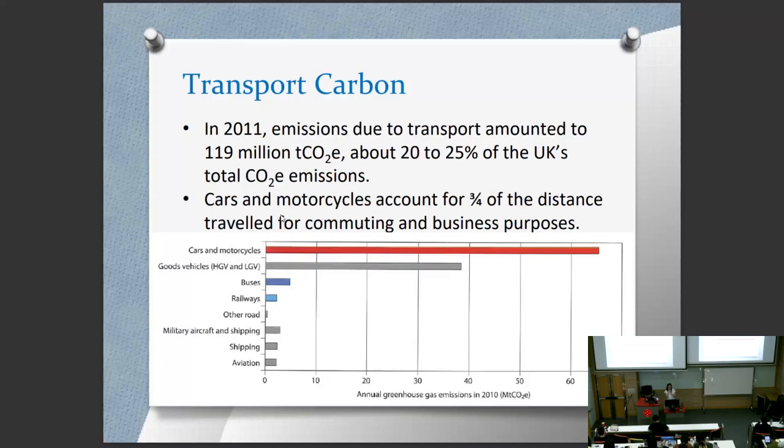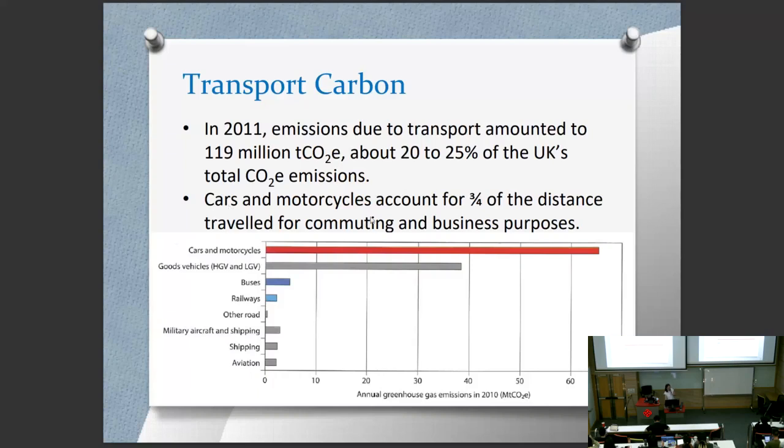So in 2011, emissions due to transport amounted to 119 million tons of carbon dioxide equivalent. So around 20 to 25% of the UK's total carbon dioxide emissions, which is a very high proportion. I think for Hong Kong it's much lower, but for the UK they drive often, always, so it results in a very high proportion.